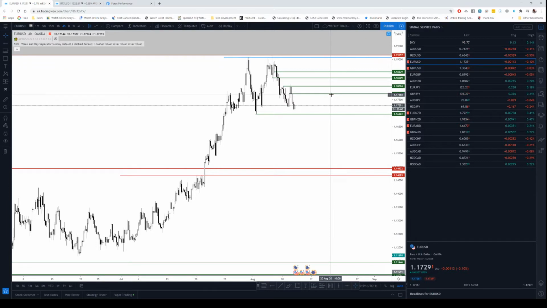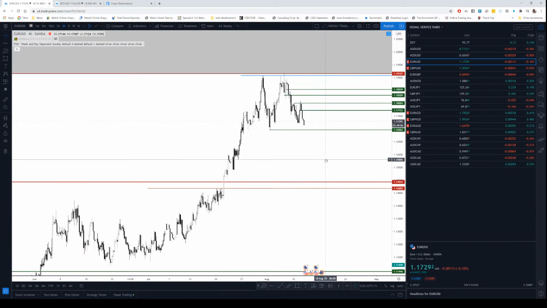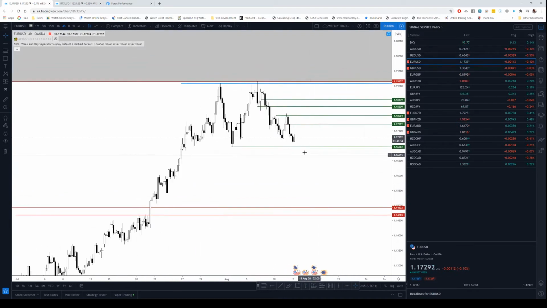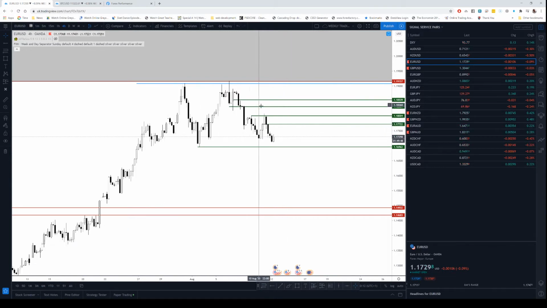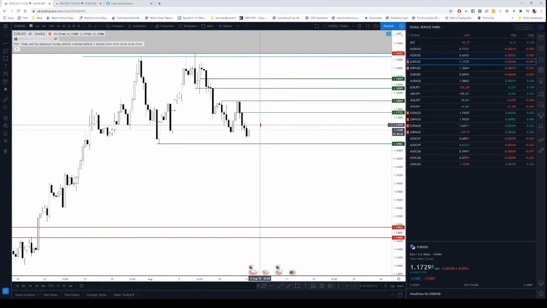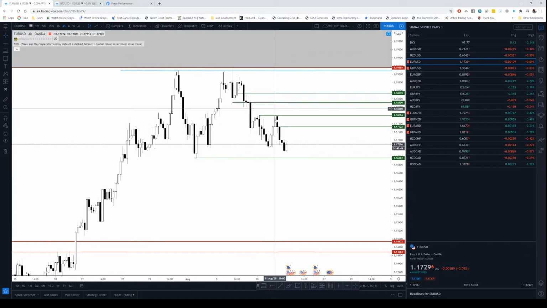Okay, so as you guys were busy with what I gave you, I was busy on this one. We did run this high and then rejected, so I decided to sell. You already know this, the rejection pattern. We run a high, we reject, so I sold the opening of this candle here.